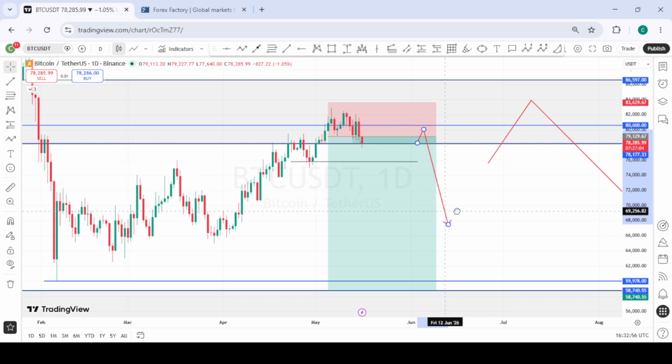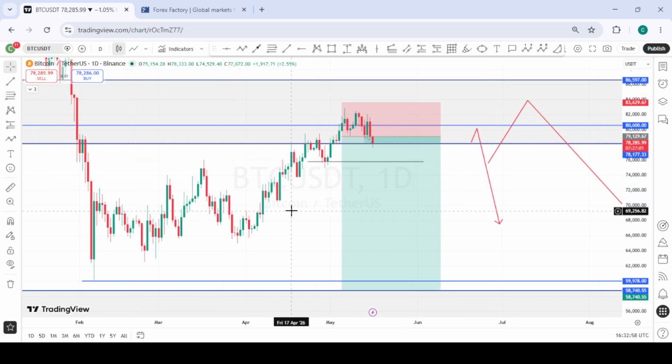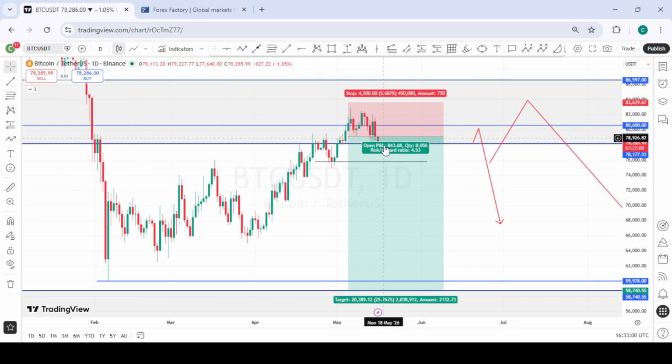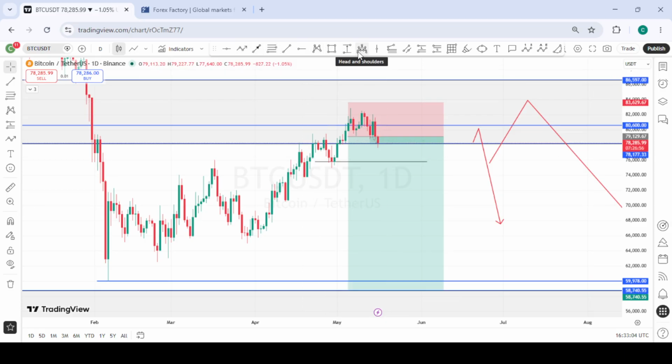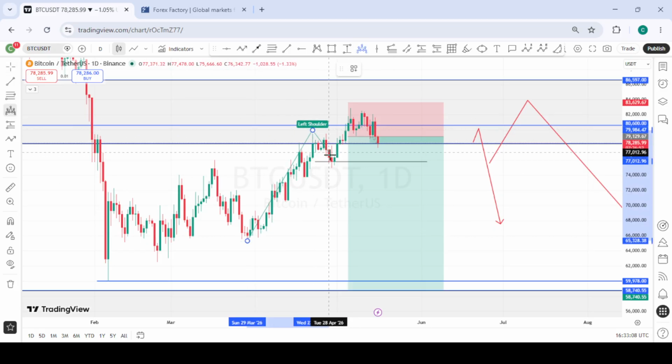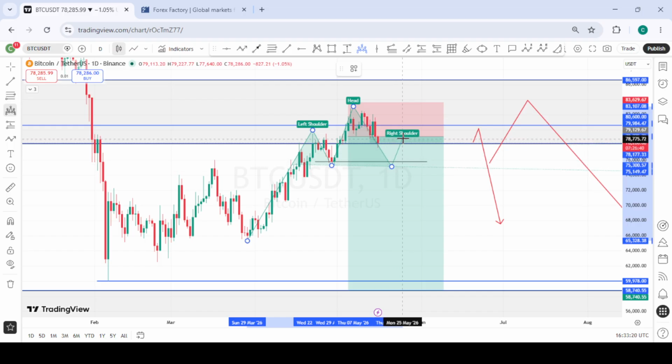The second scenario is this might actually form an entire head for us. So this is the other possibility. This could be a left shoulder, and we are waiting for this head to form, which is a structural shift or a daily candle closure below this structure point we have here. We get a head, we get a possible pullback, which will give us a right shoulder, and we take the sells to the downside.